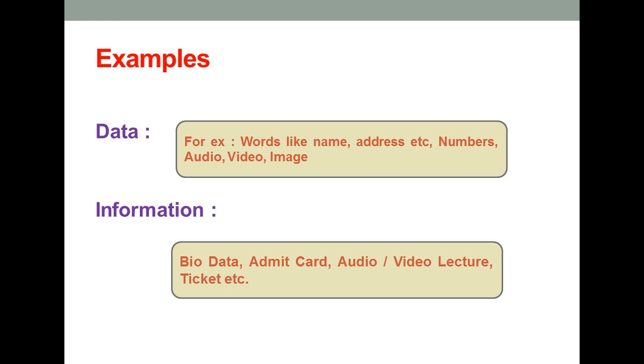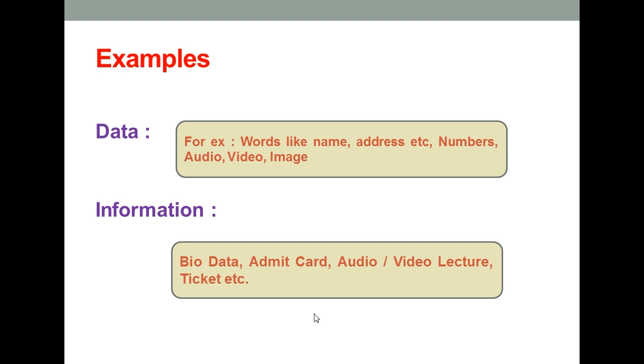But when you have given the complete information about yourself, like your name, address, phone number, educational qualification, your objective, each and everything, and you have saved that file and compiled it, at that time it will be known as information. So words are comprised in data, and biodata is processed data, that means information.